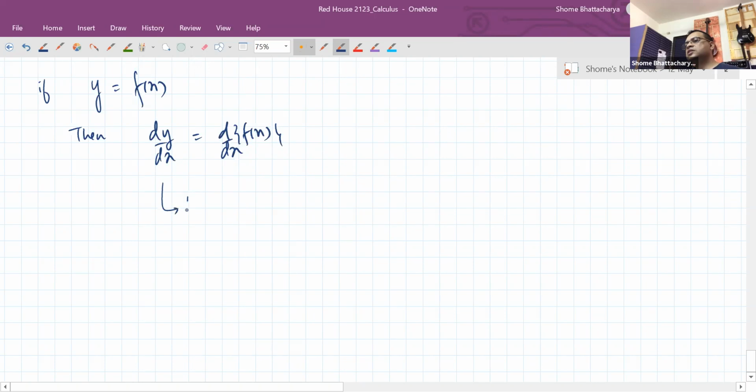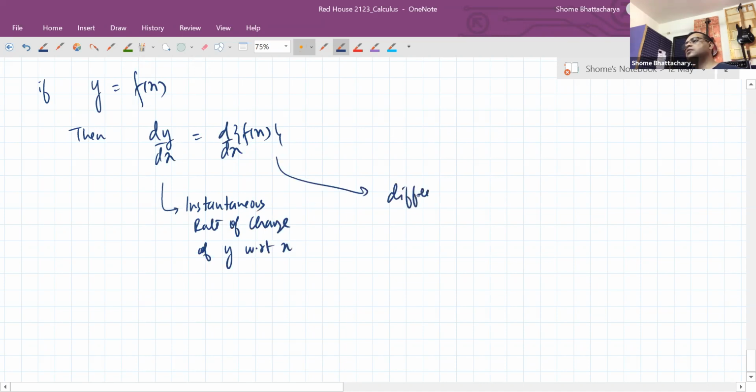So this is the instantaneous rate of change of y with respect to x, and this here is called the differentiation of the function f(x) with respect to x.